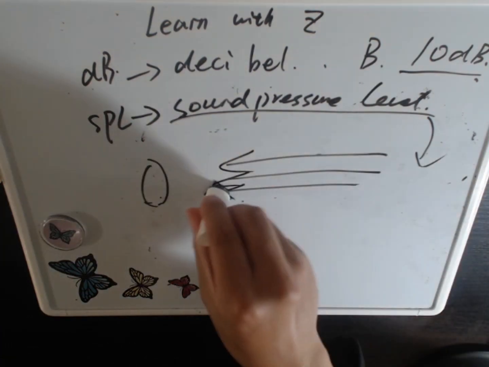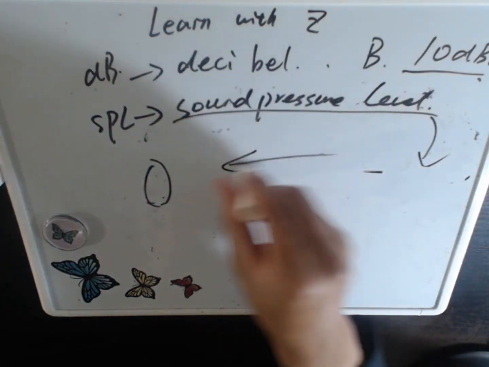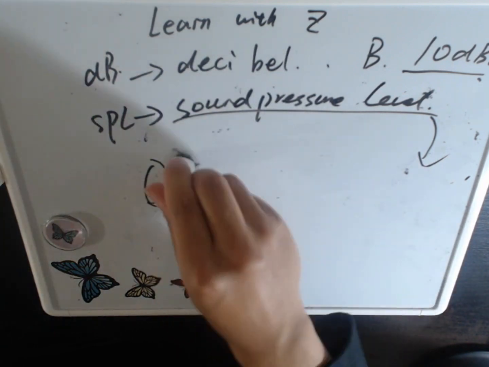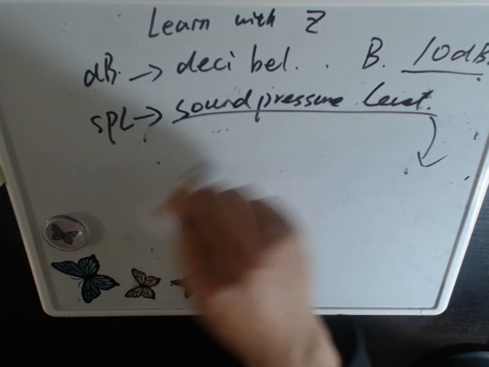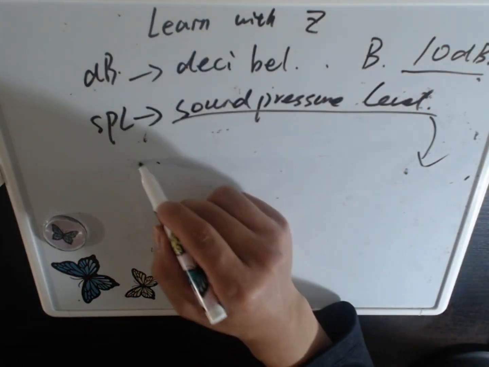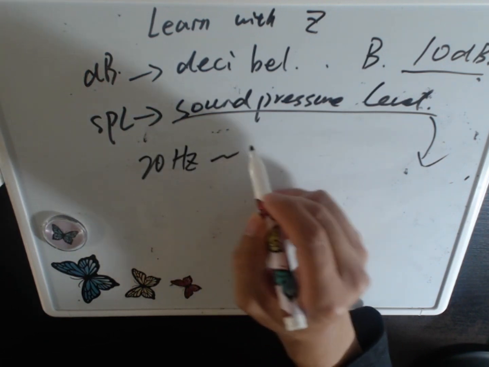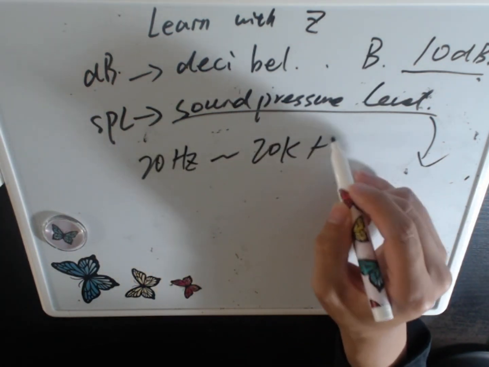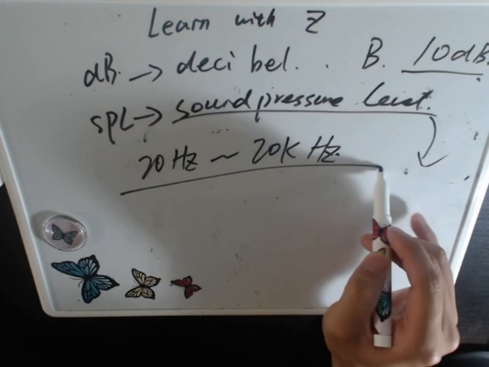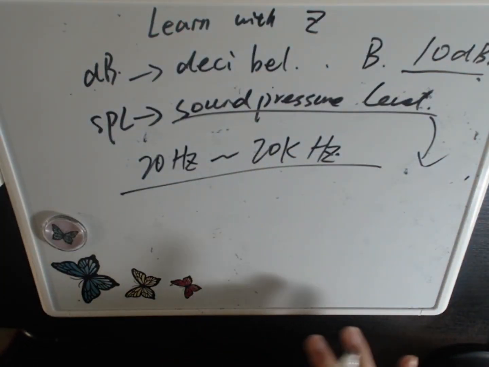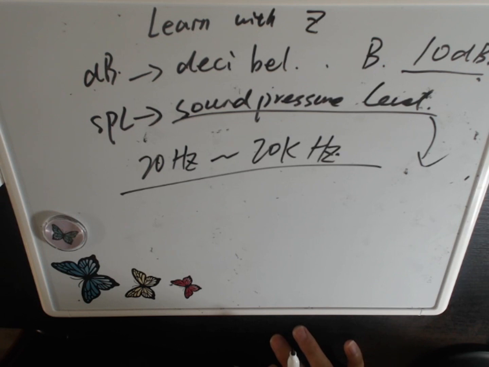After this, there is one more topic I want to mention. We also know in our life there is something called 20 hertz to 20k hertz. That's the range of human hearing, right? If a sound wave's frequency is in this range, humans are able to recognize it. And what does that have to do with dB?